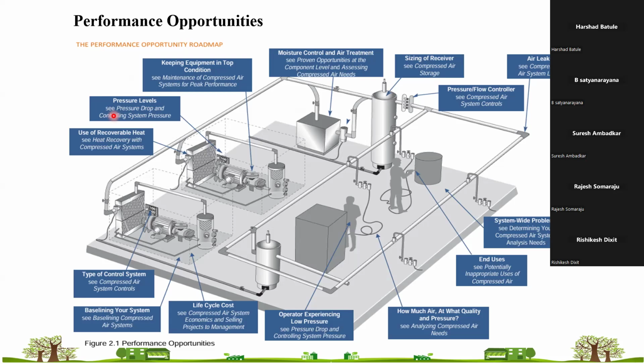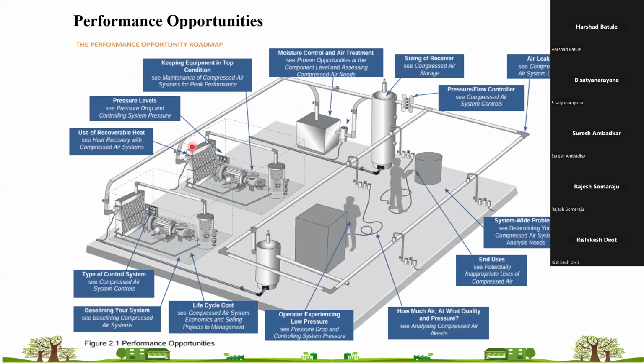In our entire energy audit you can see multiple opportunities, but you need to see them as a whole system. You need to design the energy saving opportunity as a whole system, not as an equipment.